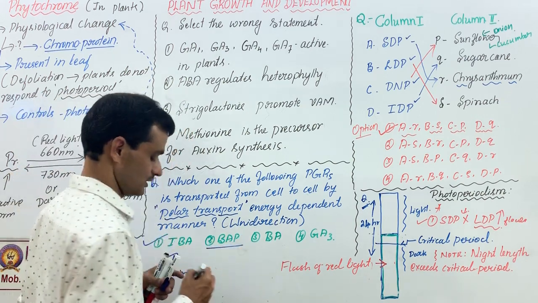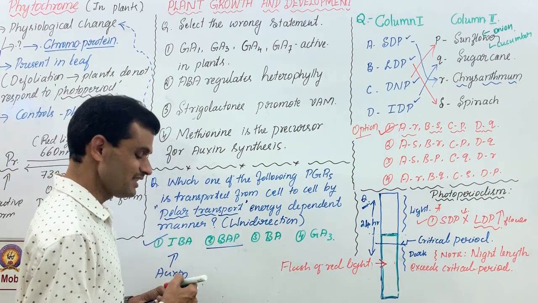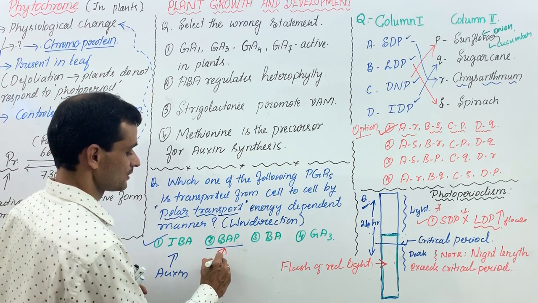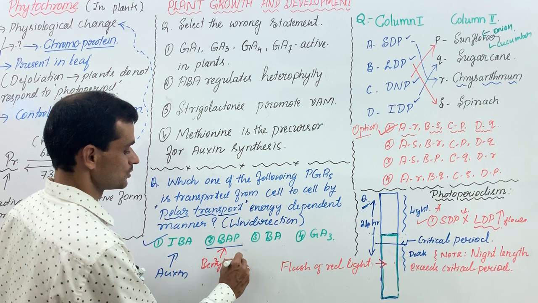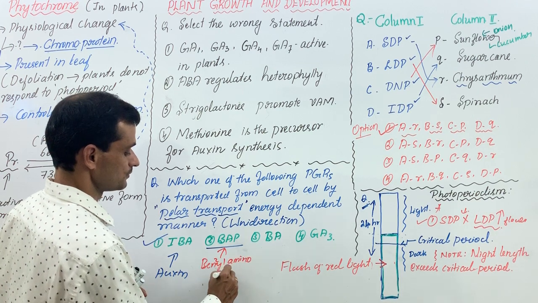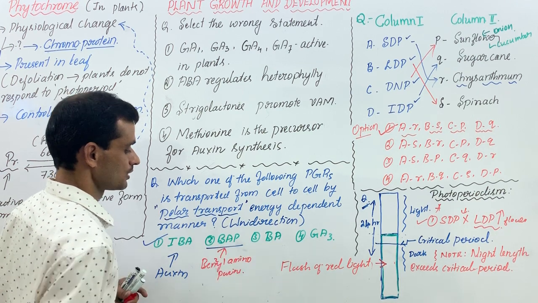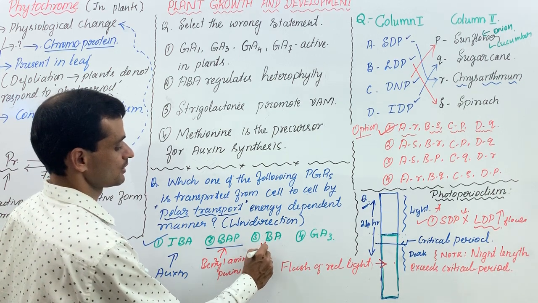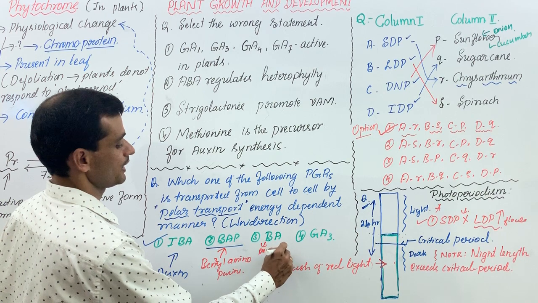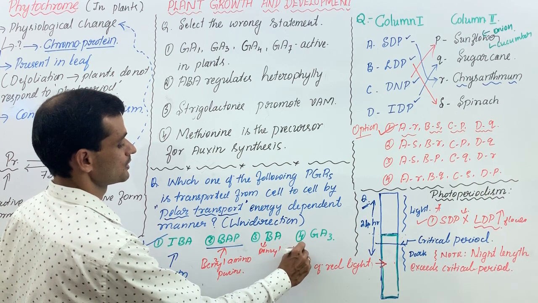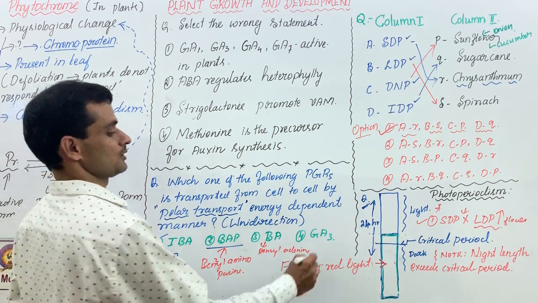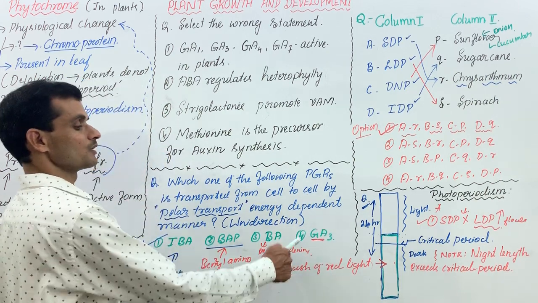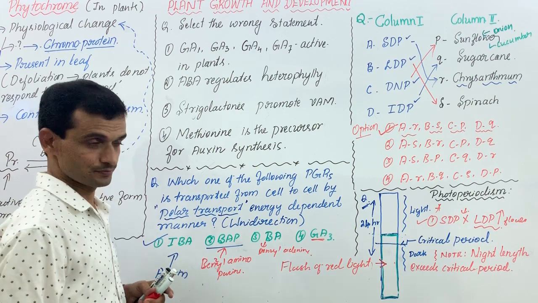Which is this BAP? This is synthetic cytokinin benzyl amino purine. This is benzyl adenine. GA3. This is the most common type of gibberellic acid, right?